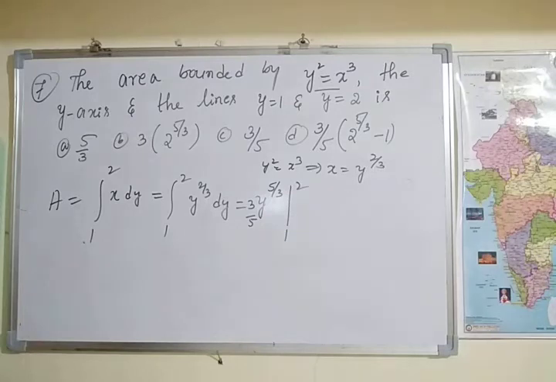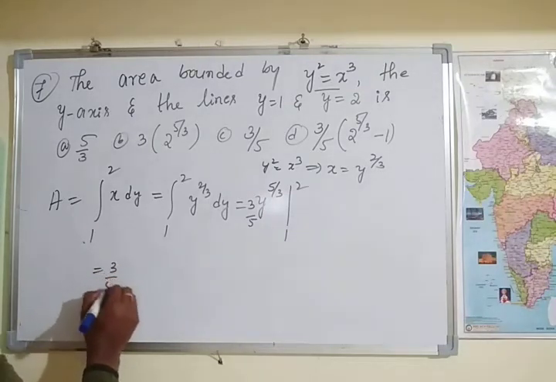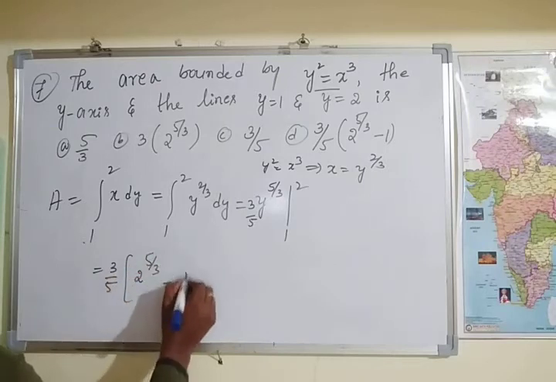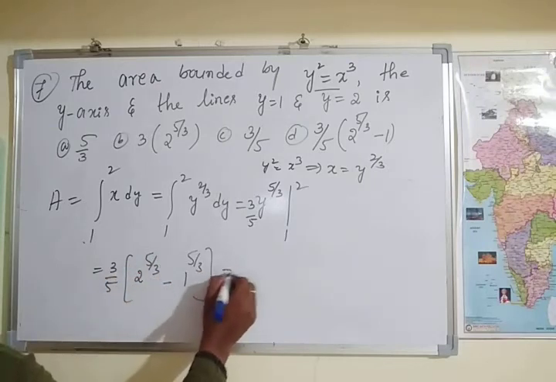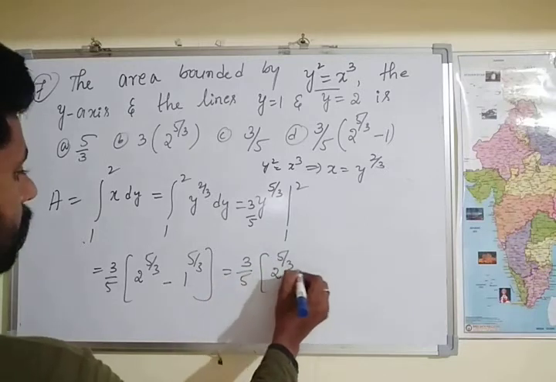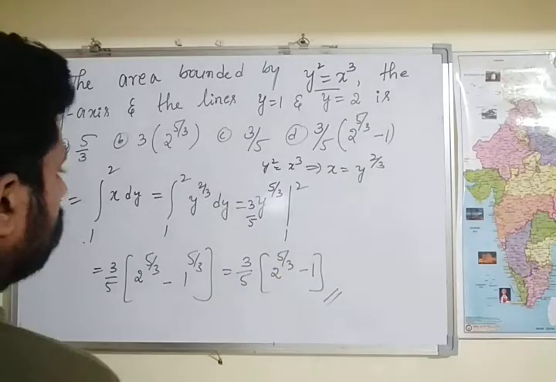The upper limit is 2 and the lower limit is 1. So 3/5 of (2^(5/3) − 1^(5/3)), which equals 3/5 (2^(5/3) − 1), is the required solution.